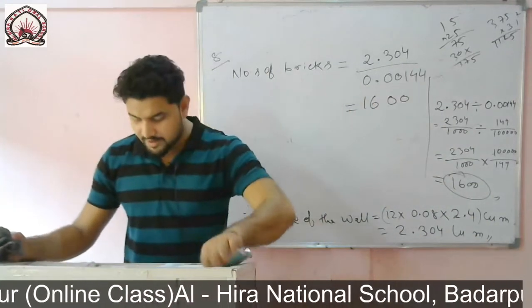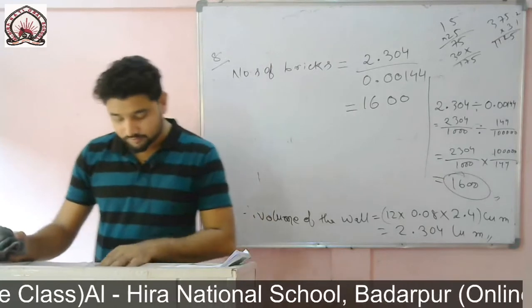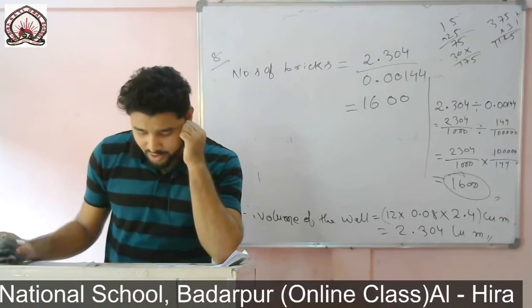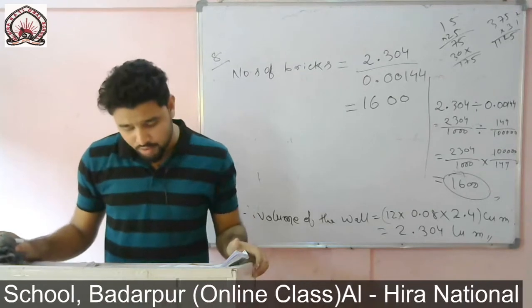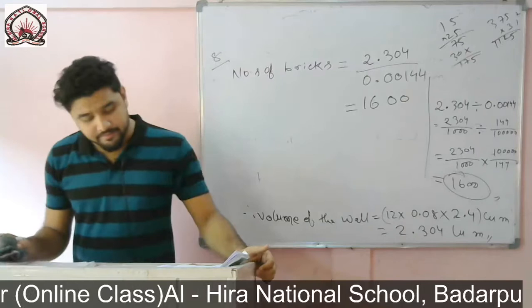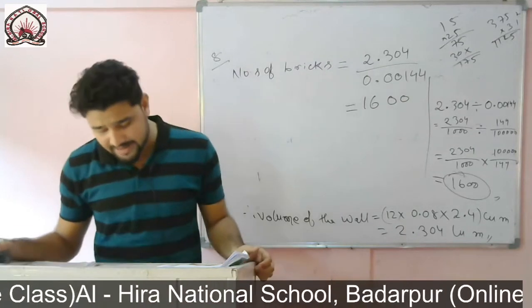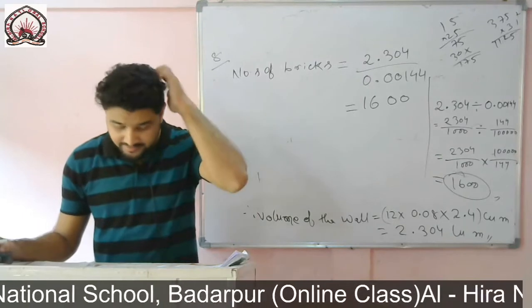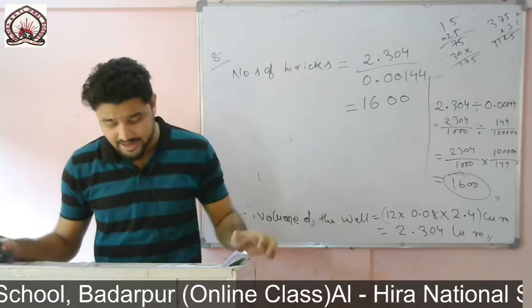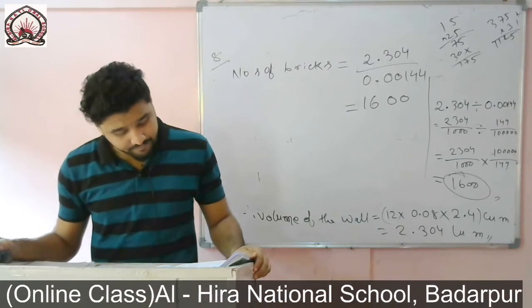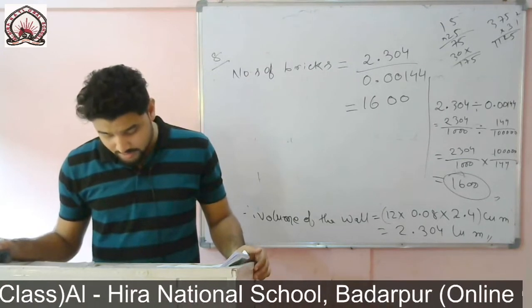Okay, now come to question number 9. A brick of gold was melted down and cast into 10 cuboidal tablets of length 3 cm, breadth 2 cm, height or thickness 0.5 cm.